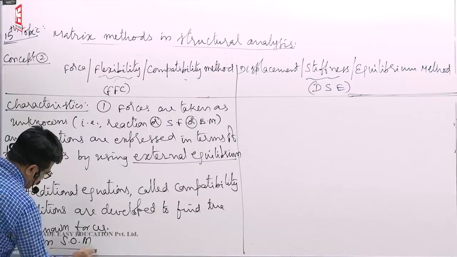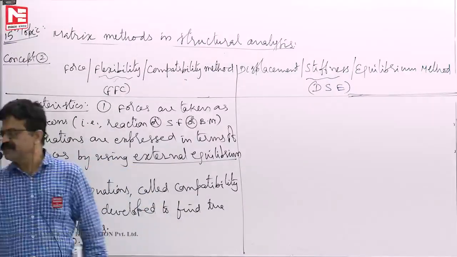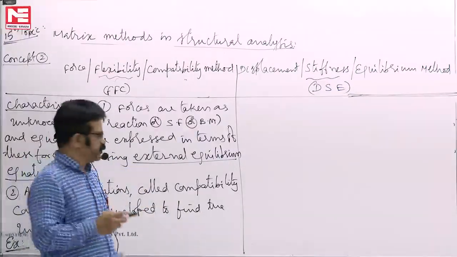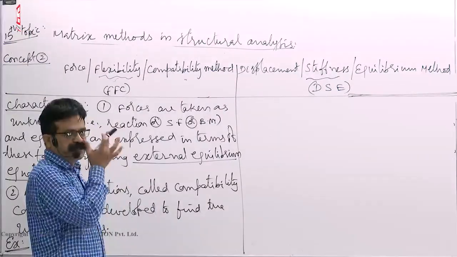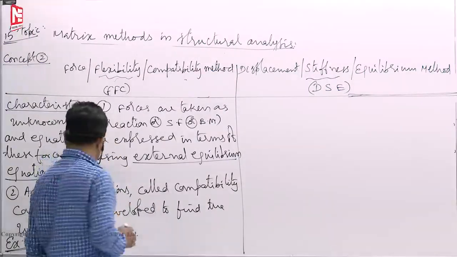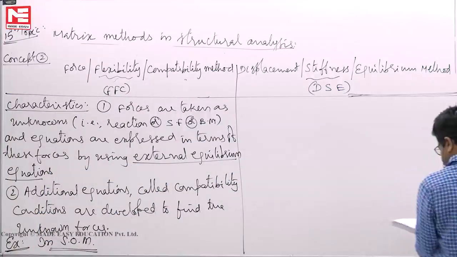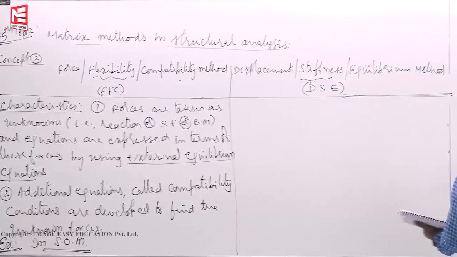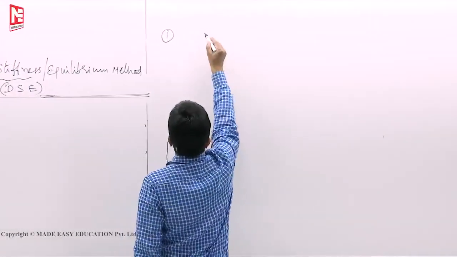In strength of materials, we have taken so many compatibility conditions. For each chapter, one compatibility condition you have taken. They have all come under force method of analysis. What you have learned in the first chapter is, first example I will explain here. This is what you have studied.